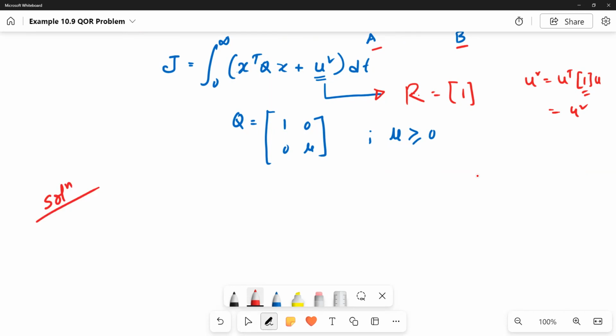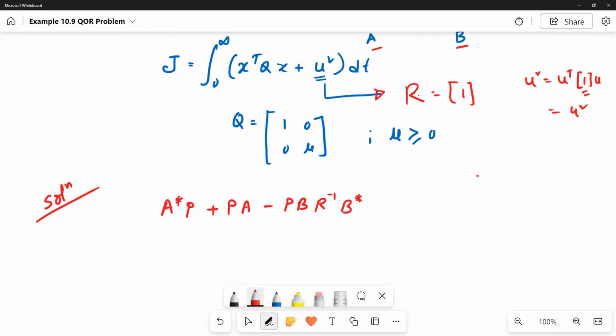Then your reduced Riccati equation is A star P plus P A minus P B R inverse. R inverse is basically 1, inverse is same as 1. Then we have B star.